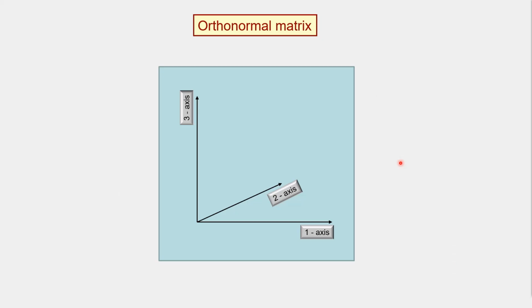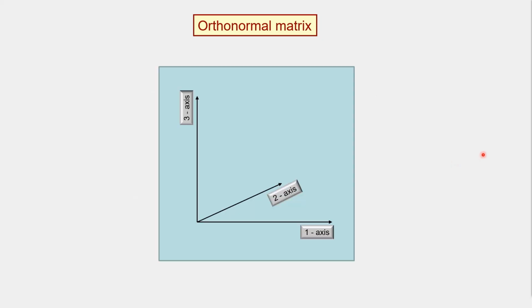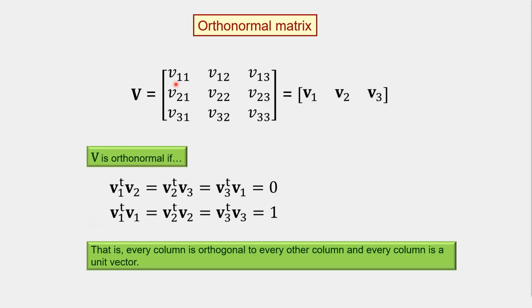Because the columns of an orthonormal matrix have these properties, they're orthogonal to each other and they're unit vectors, we can think of the columns of an orthonormal matrix as defining a new coordinate system in our vector space. Here's the original coordinate system, oriented along the directions to which the elements of a vector pertain. Here's new coordinates, defined by unit vectors that are orthogonal to each other, these comprising the columns of our orthonormal matrix.